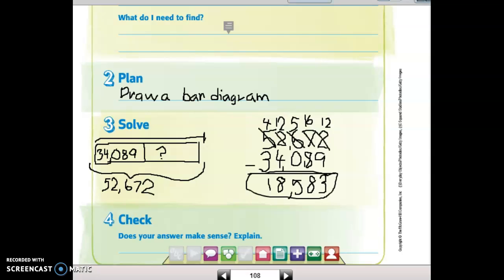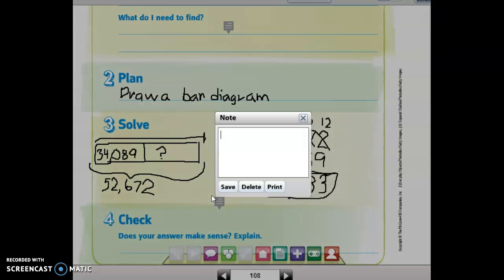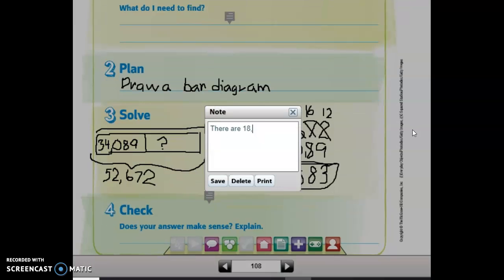So there are 18,583 more students in East School District than in West School District. That is the answer to the whole question, and that is how you get an A on your assignment.